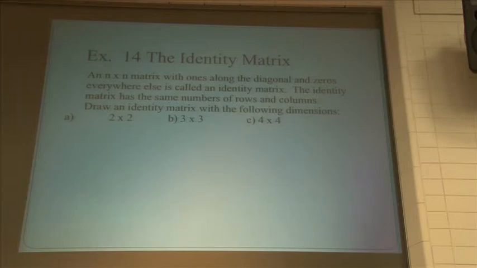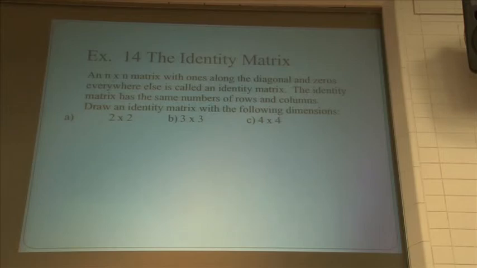And with matrices, we have to have this idea of an identity matrix. So you'll notice, look at the size of each of these matrices for A, B, and C. Since the rows and columns are the same, your identity matrix should always be a perfect square, right?